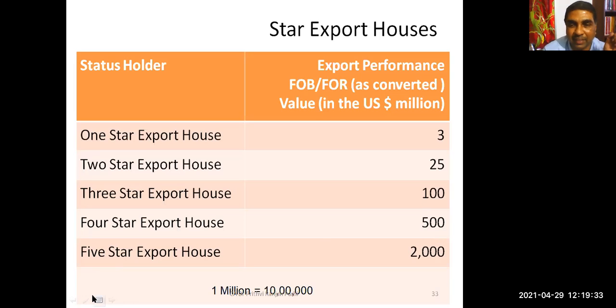Five-star house, if they attain 2,000 million US dollars, then it will be rated as a five-star export house. So this is how our Exim policy or foreign trade policy classifies the export house.